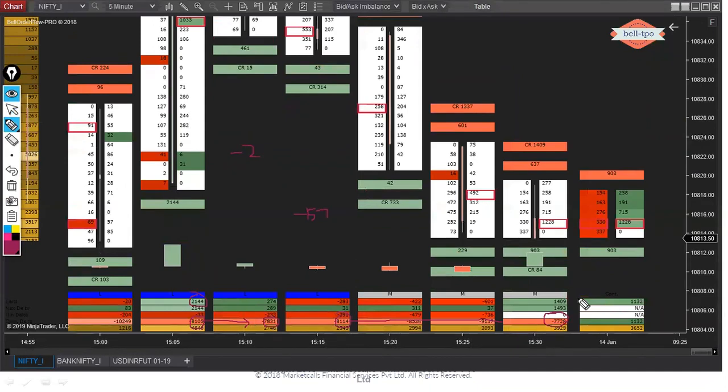That means there were 7,728 more seller contracts in that market on that day compared to the buyers. That's what it means. Overall, that particular day is controlled by the sellers.